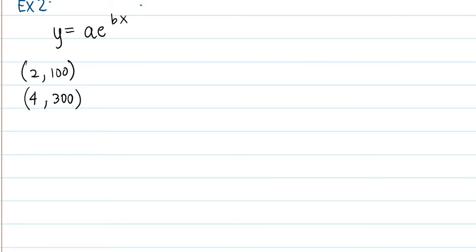So first we would have 100 equals a e to the b times 2. And then in our second equation, we would have 300 equals our unknown a, e, which is a constant, and b to the fourth this time.